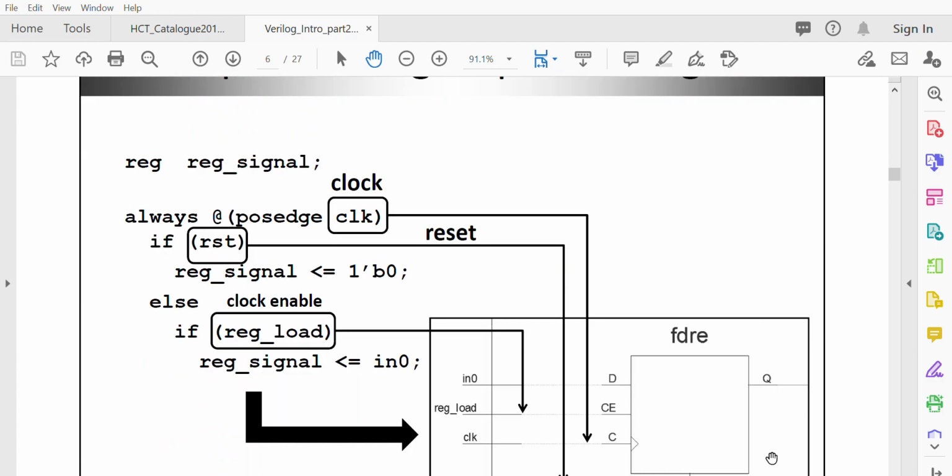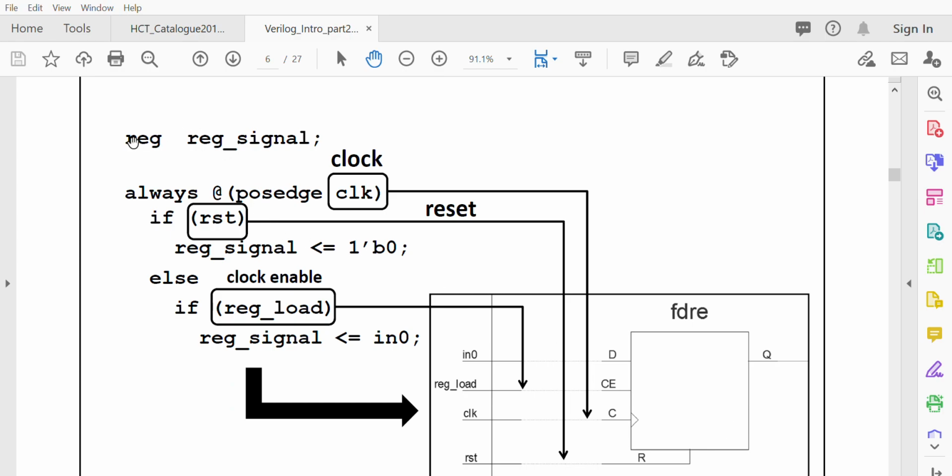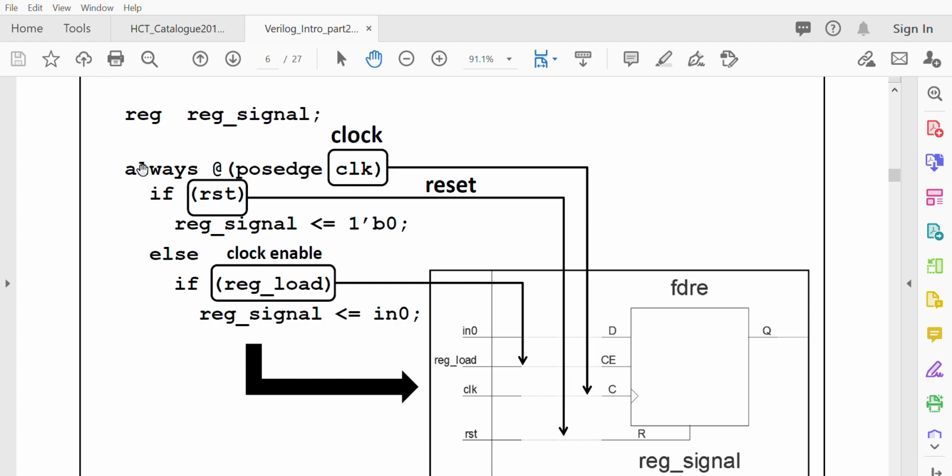Implementing sequential logic. Here, when you see always @(posedge clock), any register on the left-hand side inside this always block is going to be synthesized as a flip-flop.